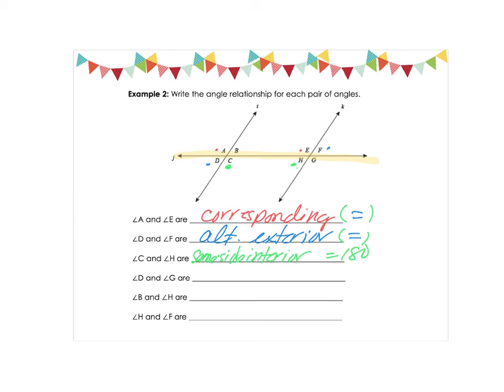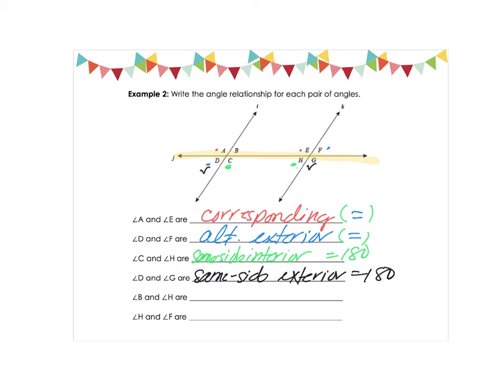And let's look at D and G. They are outside angles at the parallel lines, so those are exterior angles. But they are on the same side, so they're same side exterior angles. And they add up to 180.